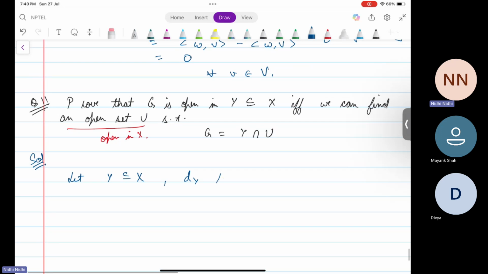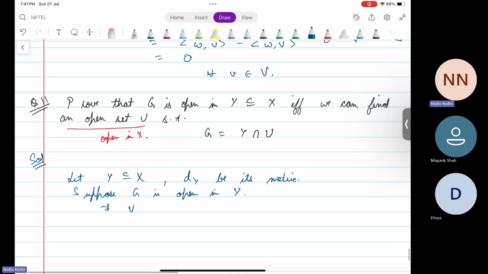So d_Y is its corresponding metric. Suppose G is open in Y. That means every point of G is an interior point.